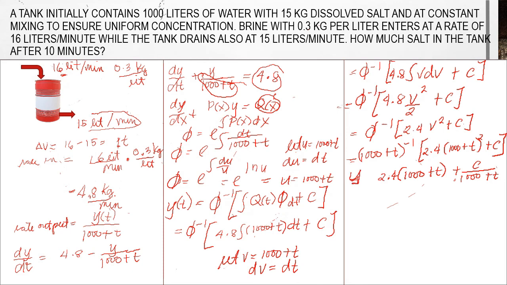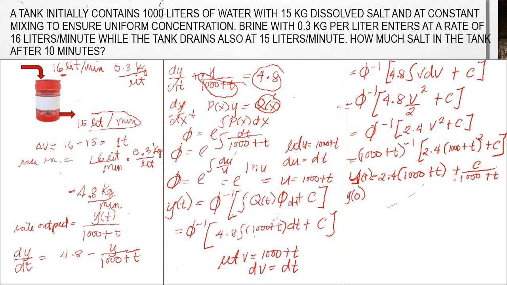So this is your general equation. Let us say y as a function of t is equal to 2.4 times 1000 plus t plus c over 1000 plus t.